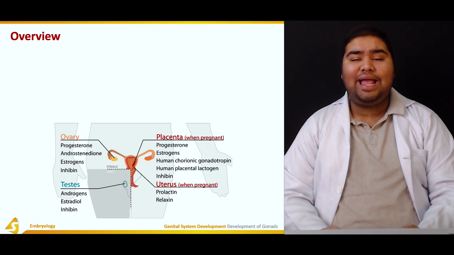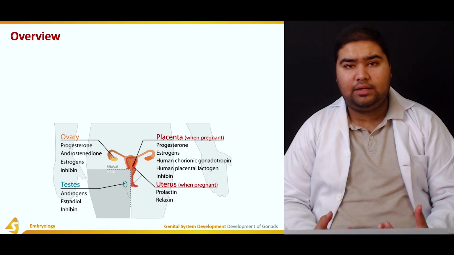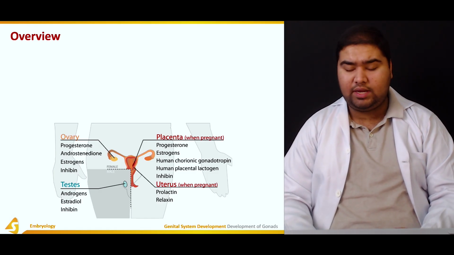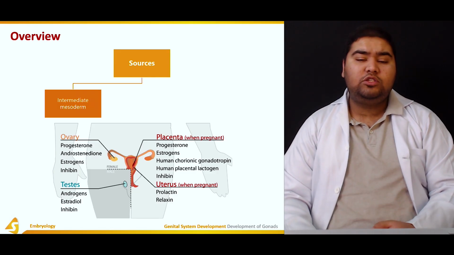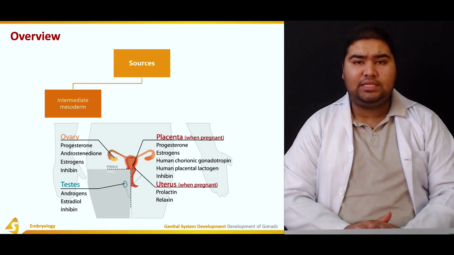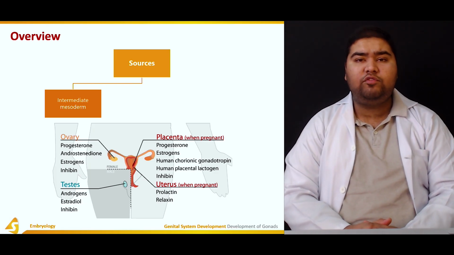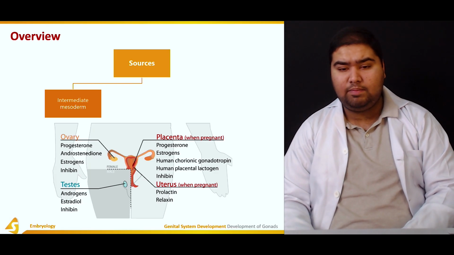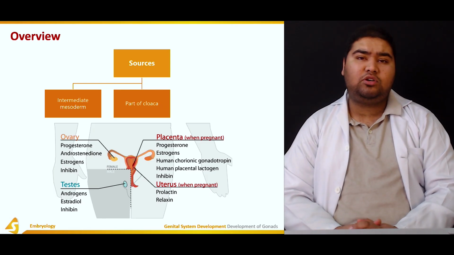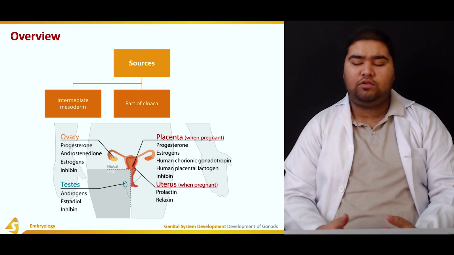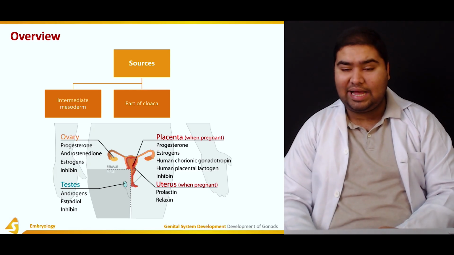So let's see how the reproductive system in humans is formed and what are the various sources of it. First of all, we have the intermediate mesoderm, which is the first source of the formation of the reproductive system in human beings. Then we have part of the cloaca. We'll see why we are talking of only a part of the cloaca and what part exactly.